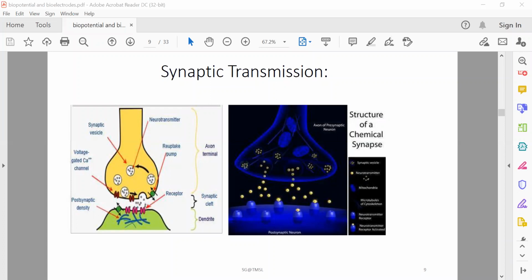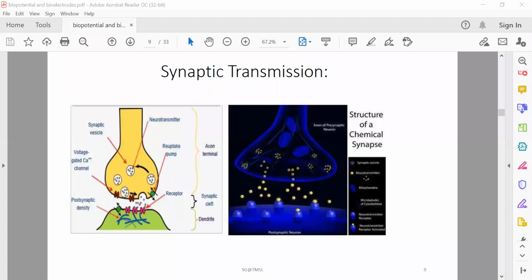When an action potential, which I told you about earlier, reaches the axon terminals, it causes membrane sacs called vesicles to move towards the membrane of the axon terminal. The membrane of the vesicle fuses with the membrane of the axon terminal, enabling the vesicle to release some of its contents into the synaptic space.